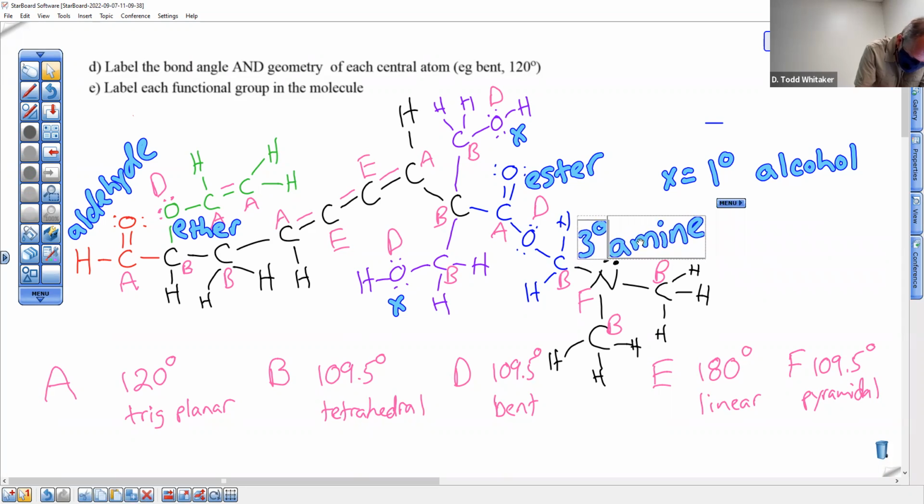There you go. If one of those carbons was a carbonyl, you just change the N to a D. It would be called a tertiary amide if any of these 3 was a carbonyl. Okay? I think we got all the functional groups, so we finally finished our first activity.